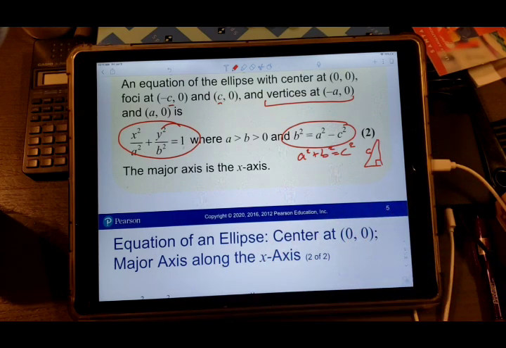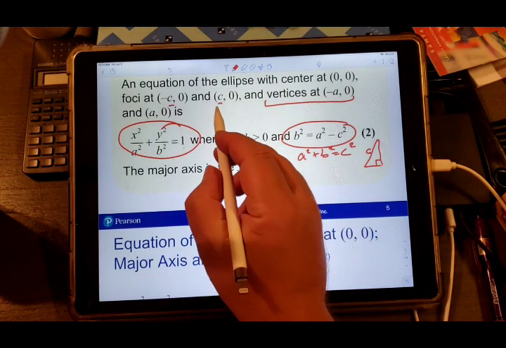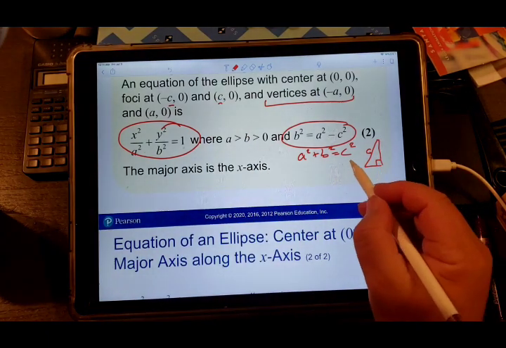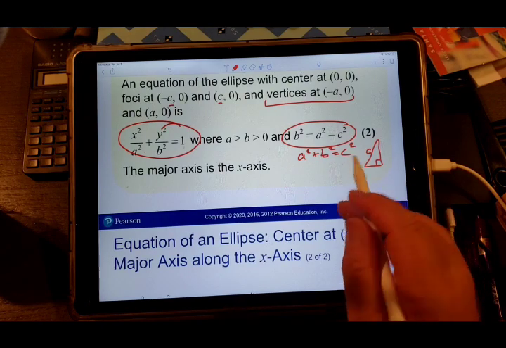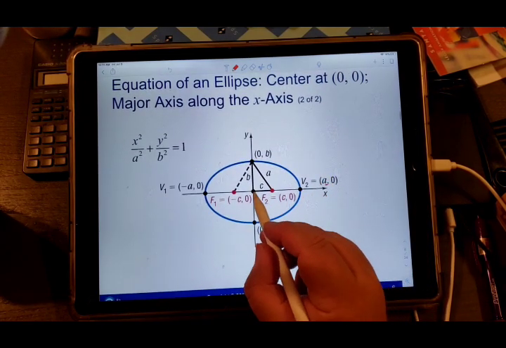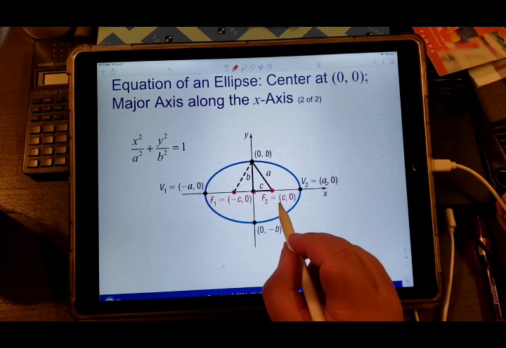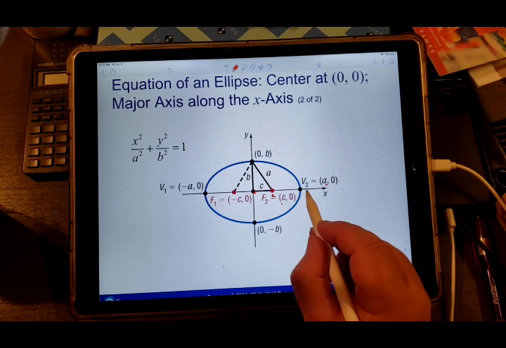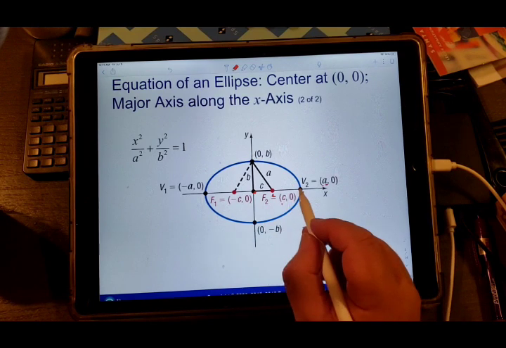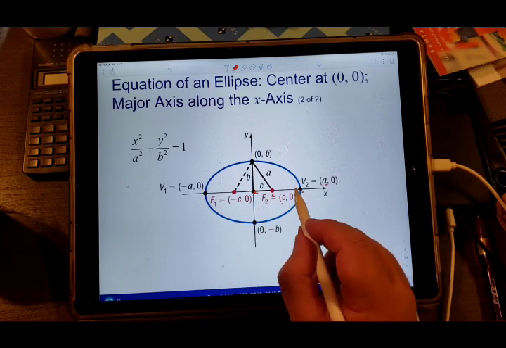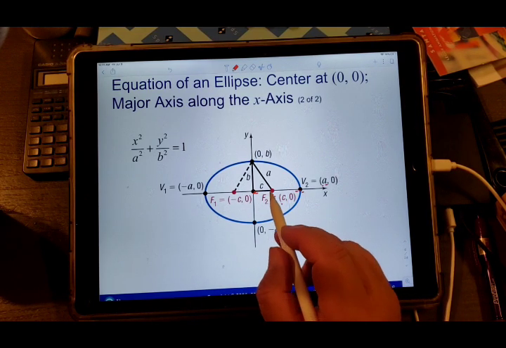That is geometrically and physically impossible in this case. In the case of the c that we're talking about, c cannot be the longest one because c is just this little distance here. So look, if I go past c to the vertex, in this case a is clearly much bigger than c.